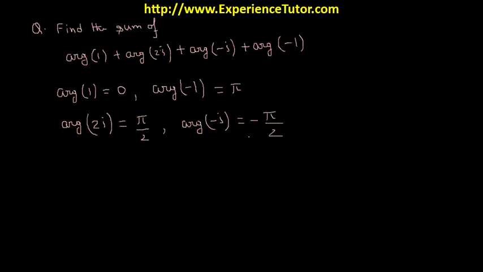Therefore the sum will be equal to 0 plus pi plus pi by 2 minus pi by 2, which on solving will be equal to pi.